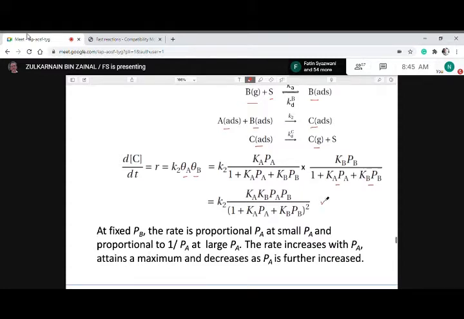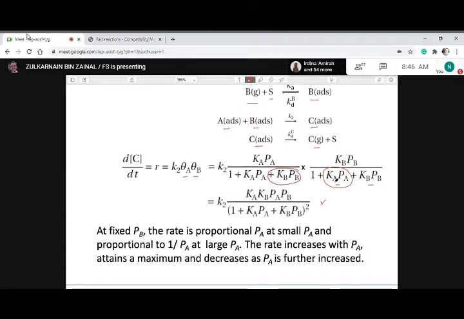So the last equation looks complex, but it is not that difficult to see. What you have here is only one extra component for both reactants, right? One extra component, which is of course KBPB. The other one is KAPA.